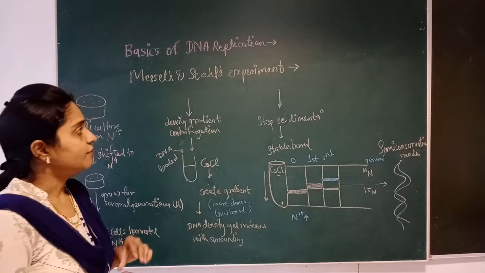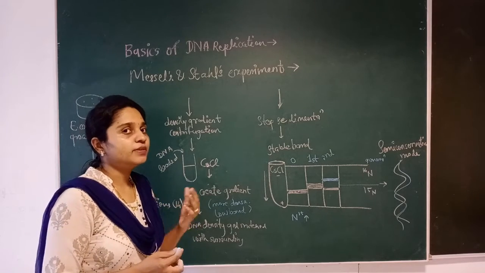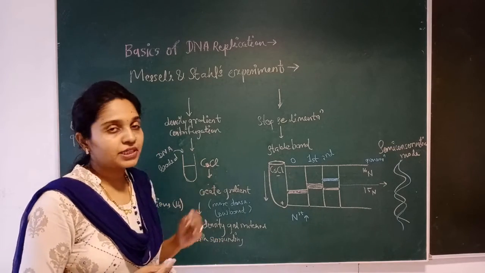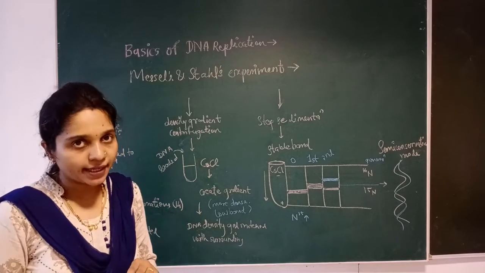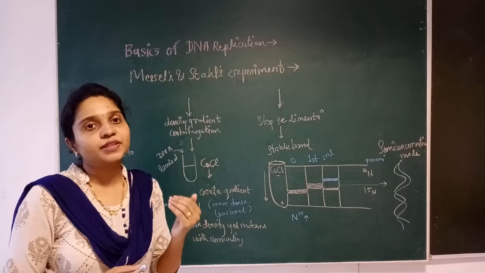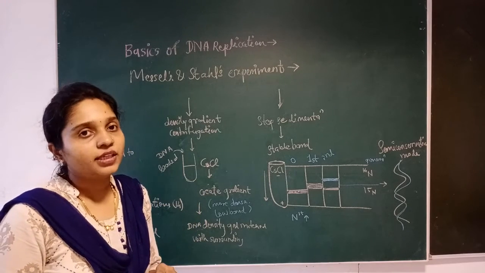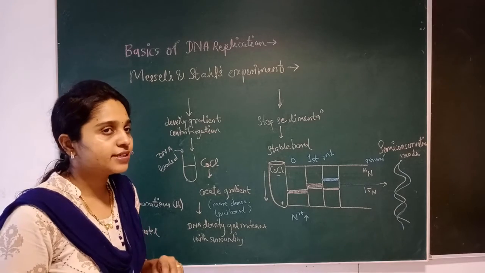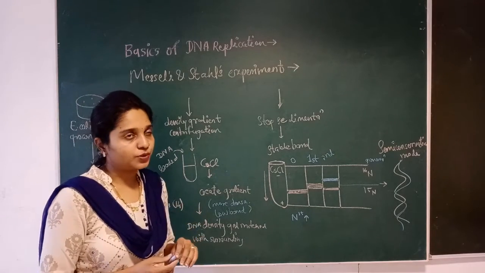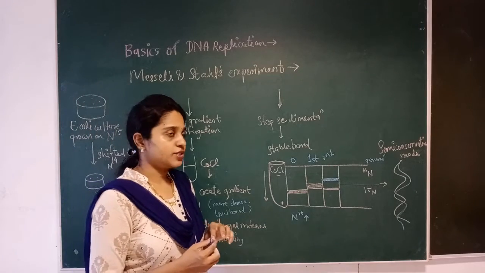Okay, when the DNA stops sedimenting, it will create a stable band. This stable band we then match with the gradient, which can give us the value of density of the required molecule. Okay, they performed the density gradient centrifugation.